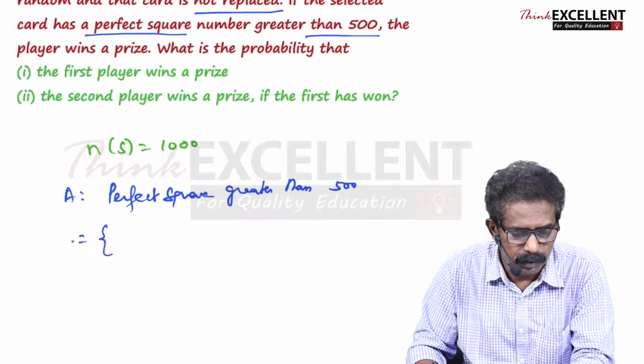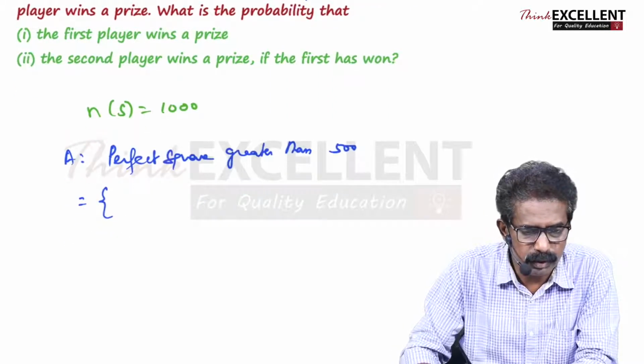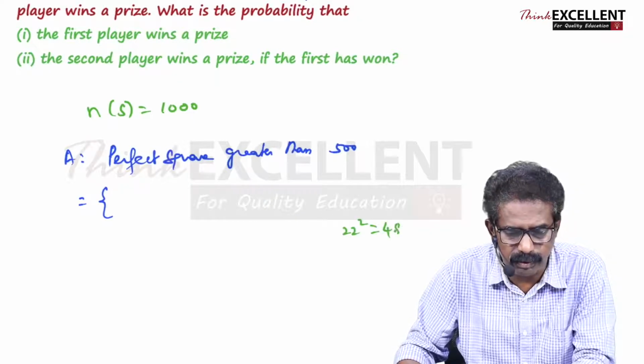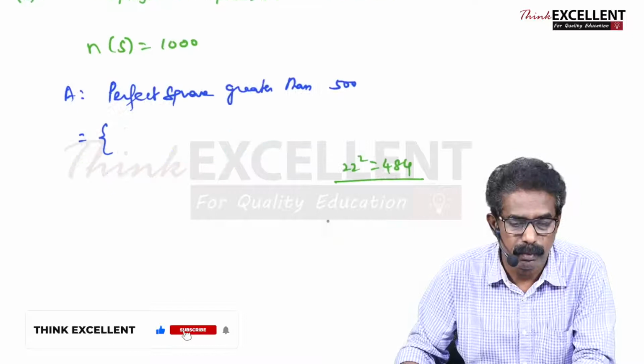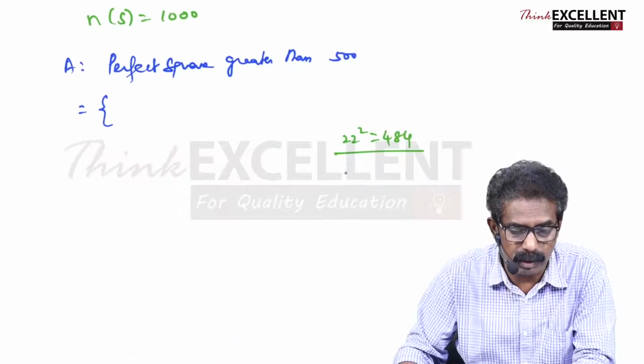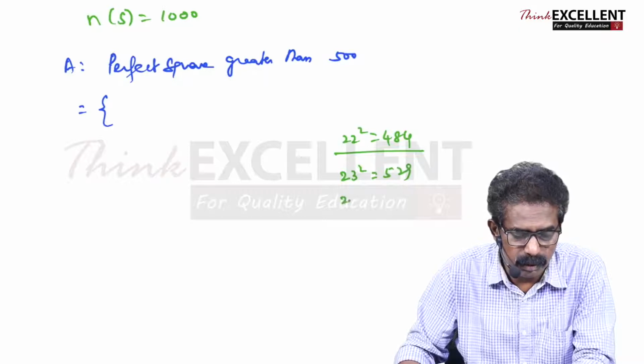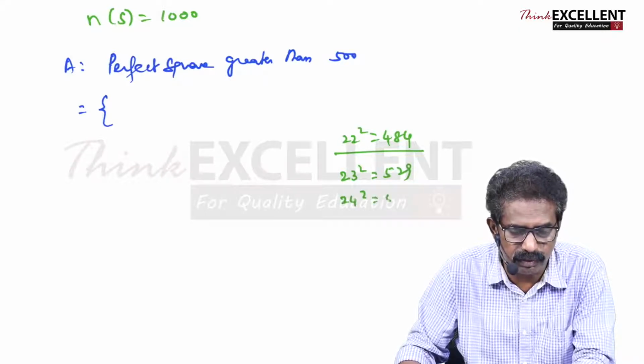Listen. If I take 20 square, it's 400, right? 22 square is 484. You can't take that because it should be more than what? 500. 23 square, I get 529. 24 square, 576.